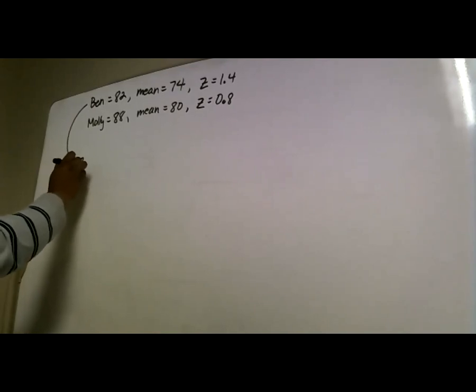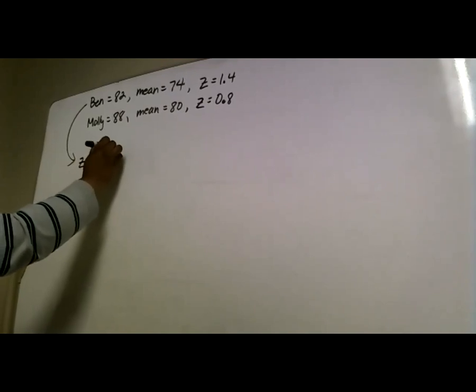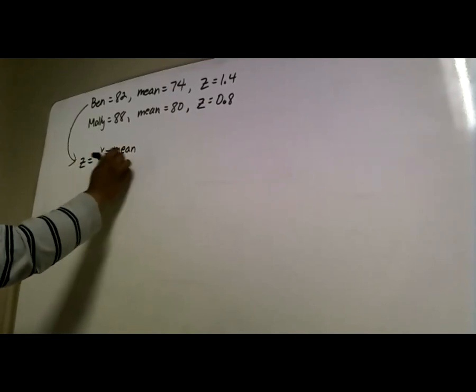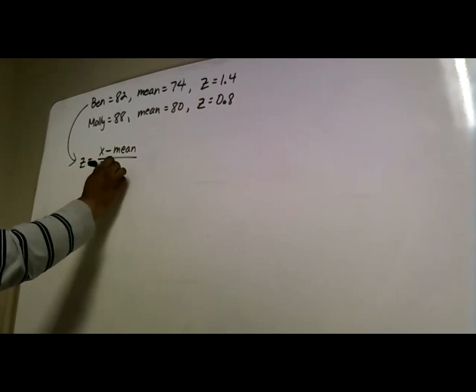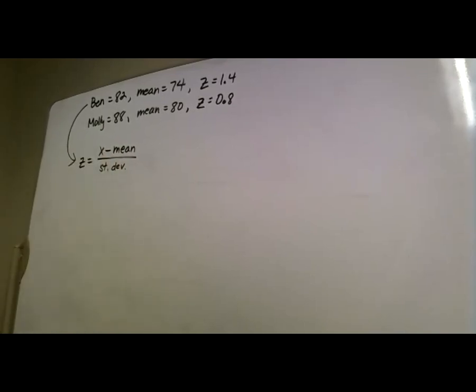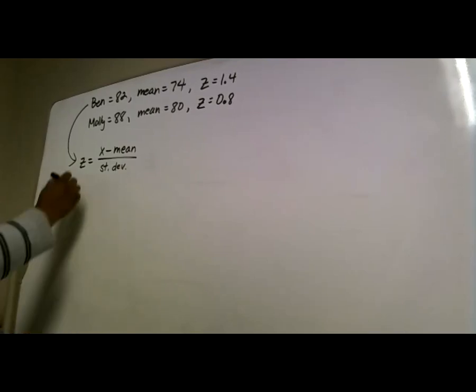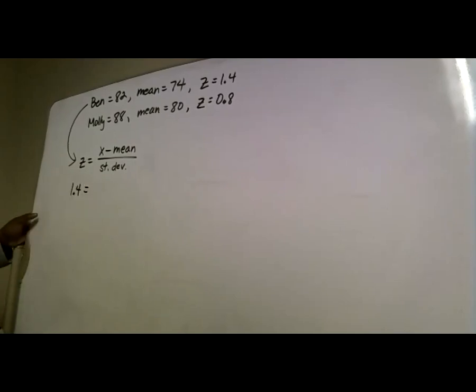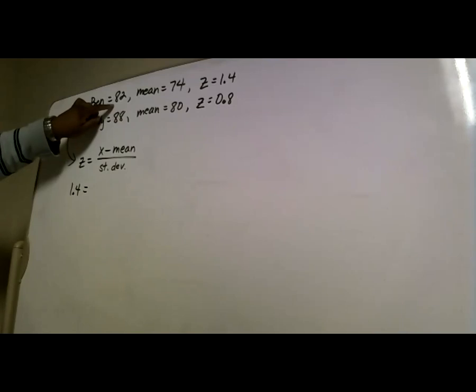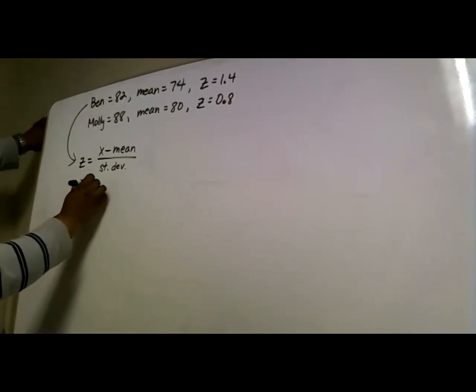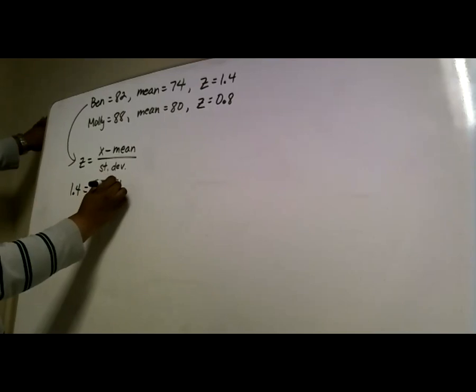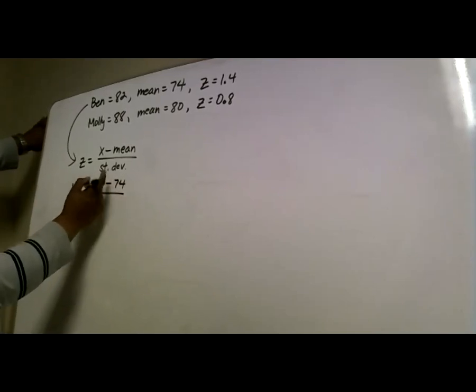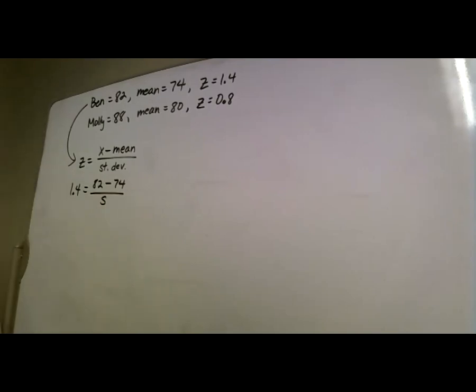Using this formula, z is equal to x minus the mean divided by the standard deviation. His z-score was 1.4, equals his test score of 82 minus the mean of 74 divided by the standard deviation. I'm going to let S be the standard deviation, since most textbooks use S as the standard deviation.